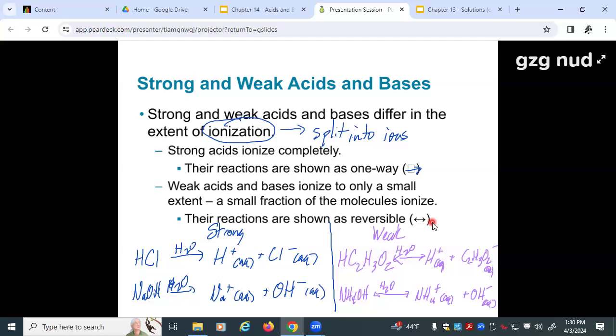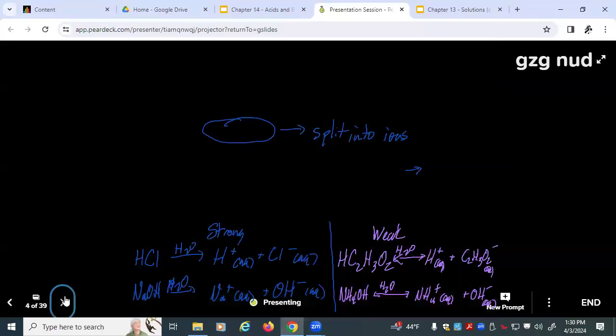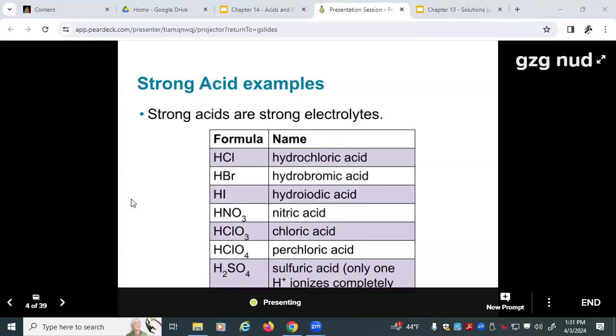Which means that the majority of the time, even in the stronger cases, 90% of those molecules stay molecules and don't form ions in the process.